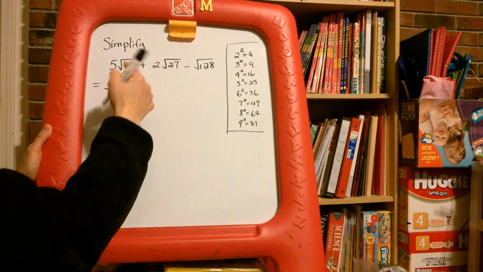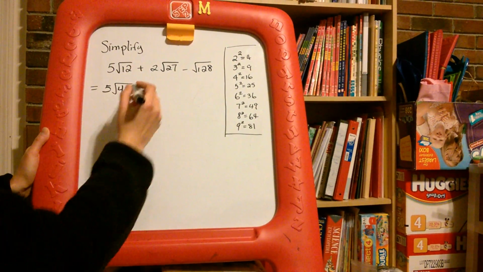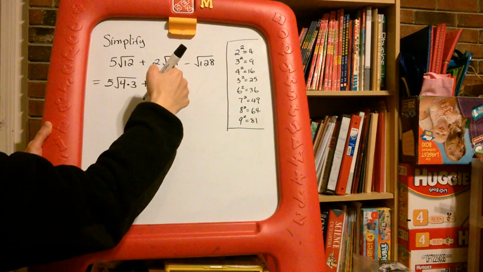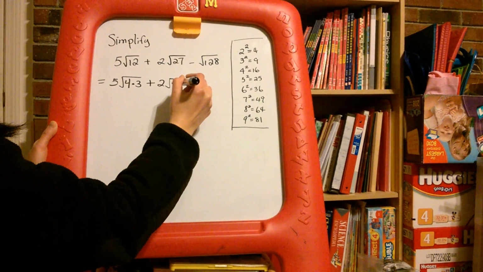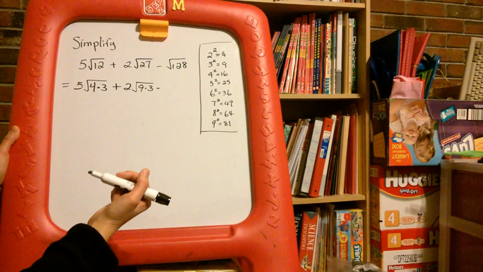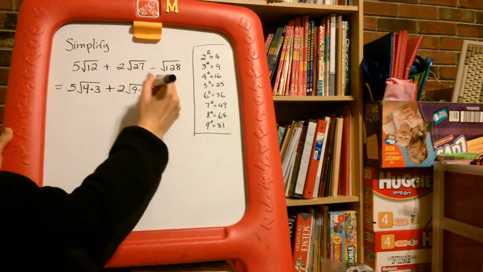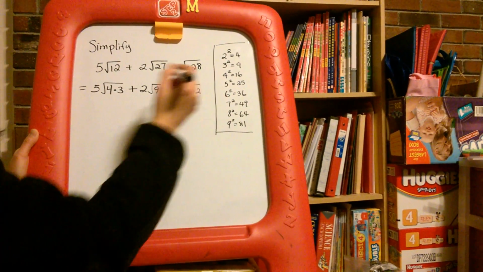So first you would rewrite 12 as 4 times 3. The second term, 27, you would use 9. It will be 9 times 3. And 128, you would do 64. It will be 64 times 2.